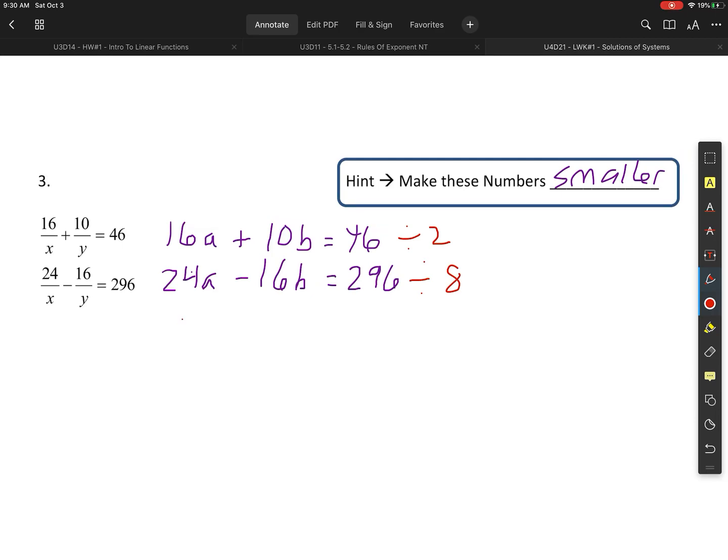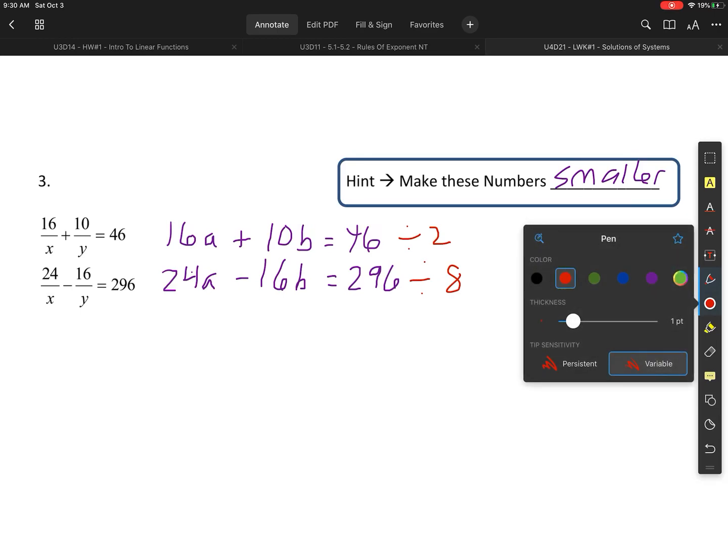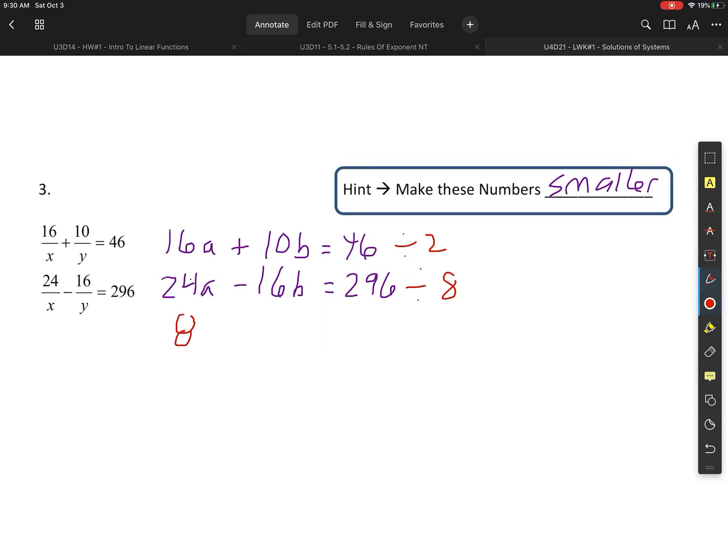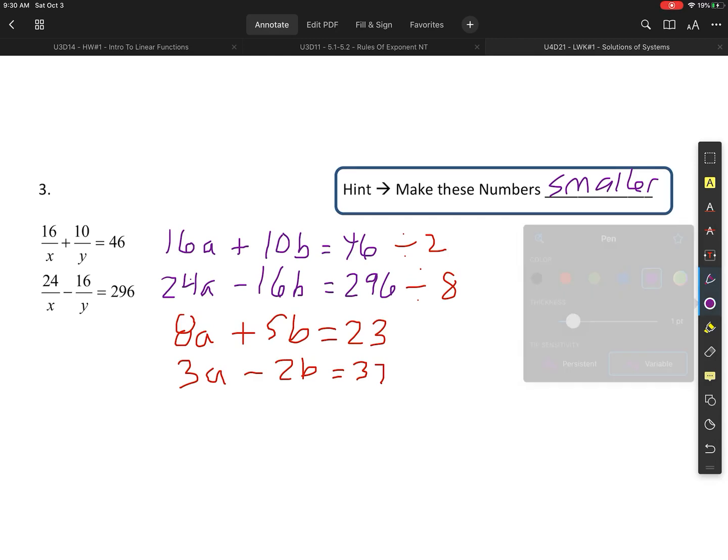By doing that, now I'm working with 8a plus 5b equals 23 over 3a minus 2b equals 37. Way easier. Don't stick with the original. Look for ways to make the problem work for you.